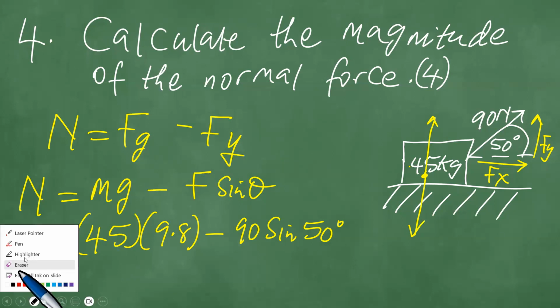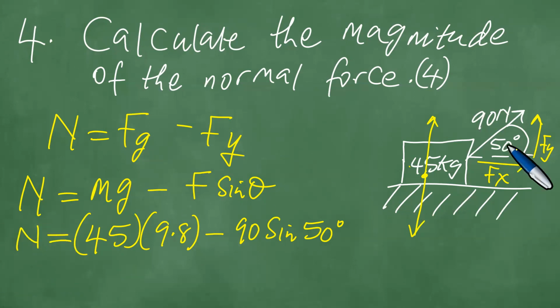If you look at the forces acting on the object, you'd have the Fy, the vertical component, which is an upward force, and the weight is downwards. And therefore, the magnitude of the normal force at this point would be calculated as follows.